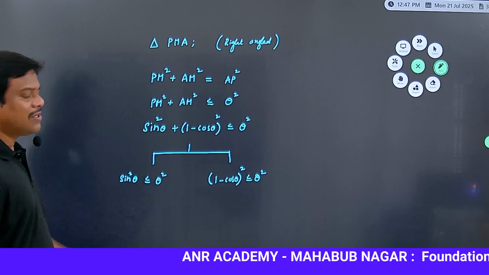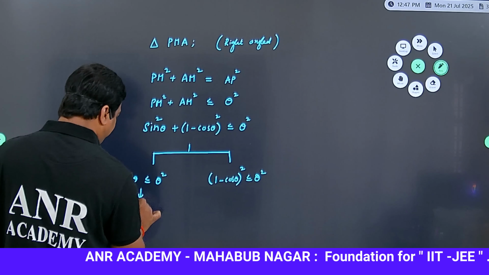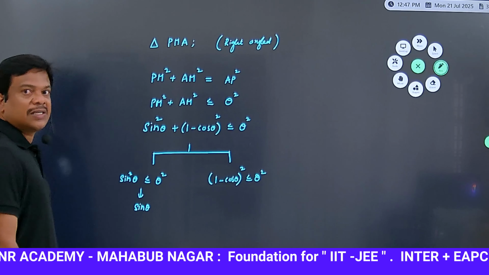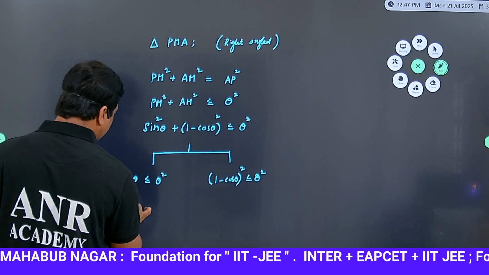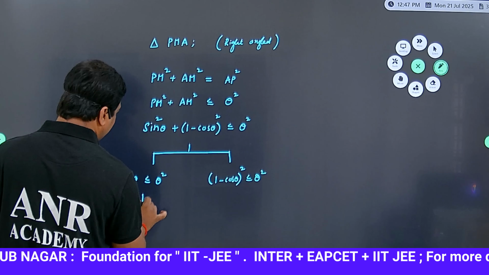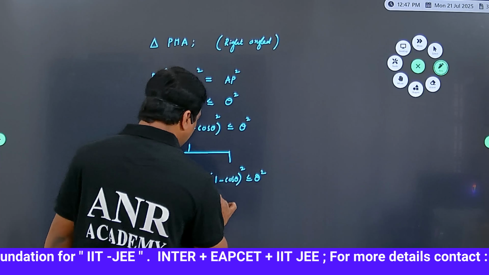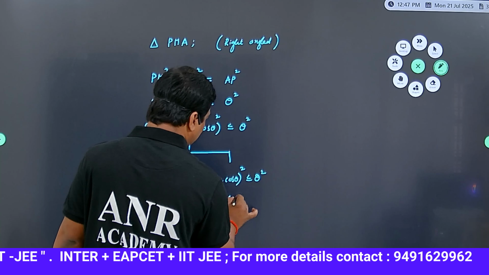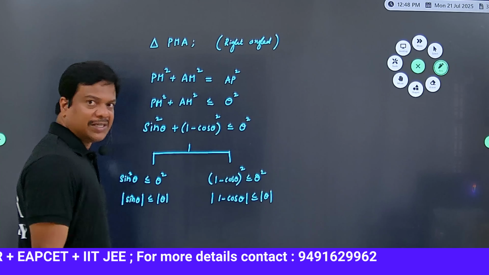So from these two, applying square root on both sides, you will get mod sin theta less than or equal to modulus theta, and also modulus 1 minus cos theta always less than or equal to modulus theta.